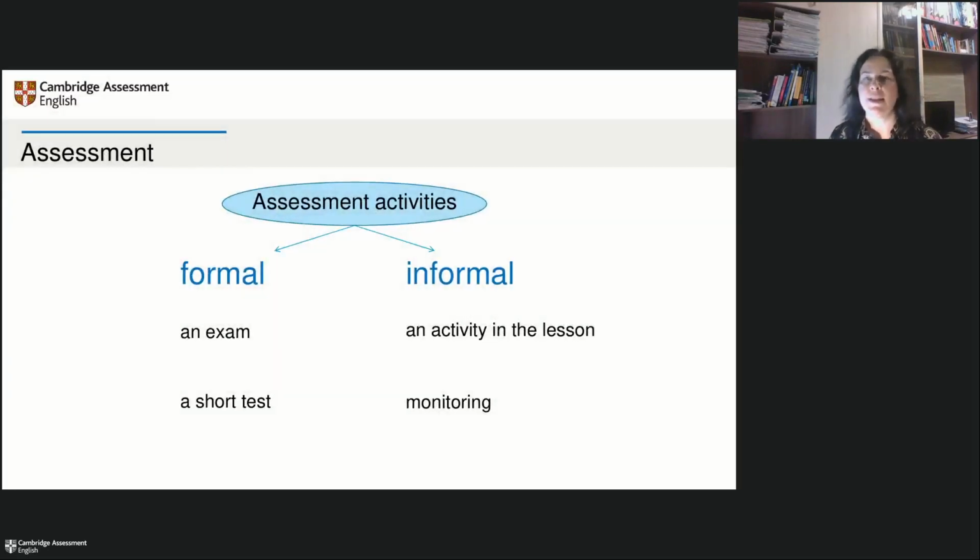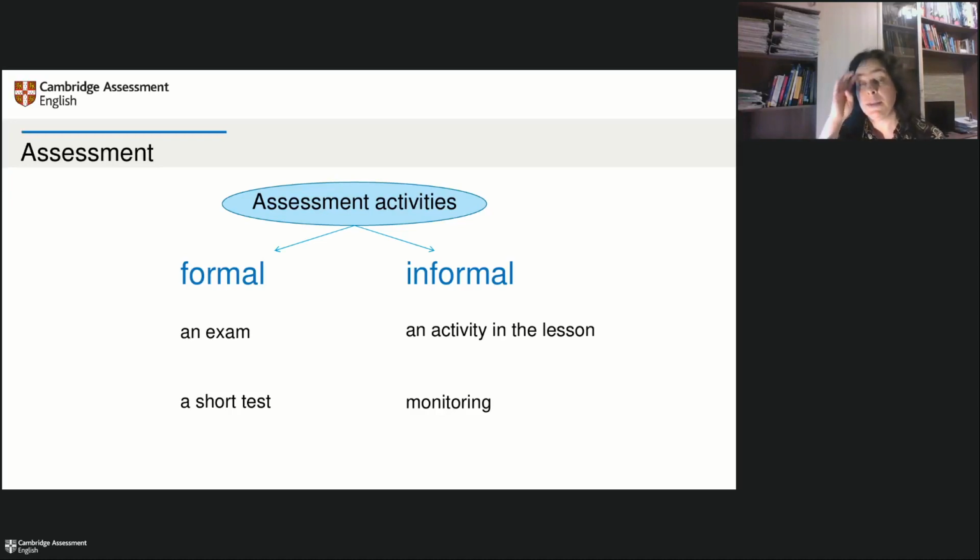Let's talk about assessment. This is a very interesting area that is not covered in courses like CELTA, for example, properly. And towards Delta level, many candidates experience difficulties understanding terminology related to assessment. But what is good about TKT is that it is quite basic. It gives very important information about different aspects, including assessment.